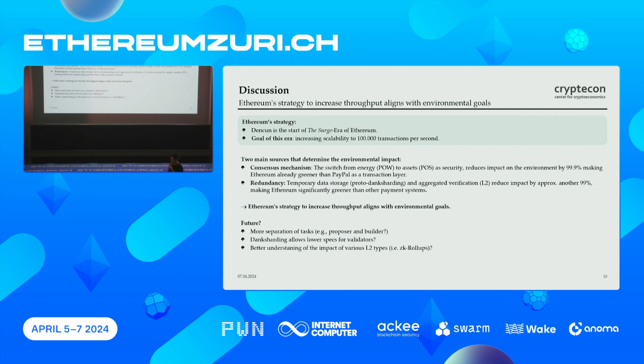And obviously, our estimation for L2 and for Dencun was very rough, using the fee estimates, especially with ZK rollups. There are also additional computations that come with it. So we need to better understand the impact of various L2 types to have a clear view of how green Ethereum will be in the future.